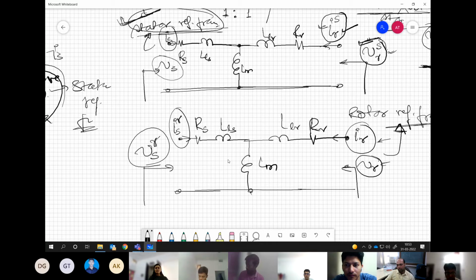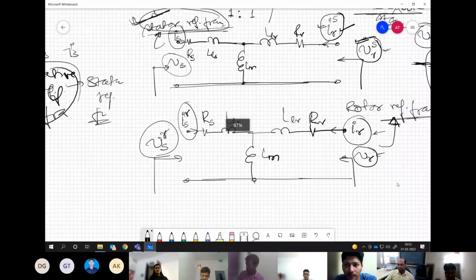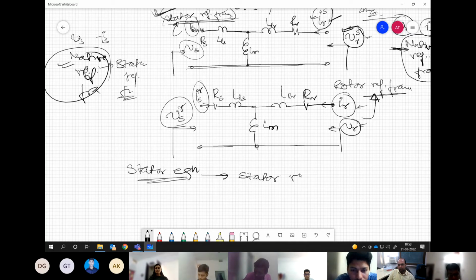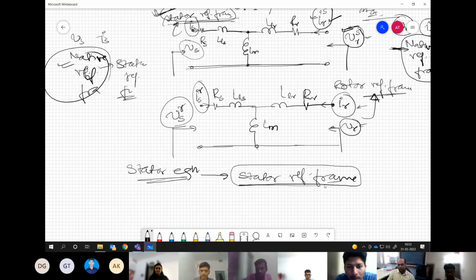Now, one thing which you must understand very clearly after this point: whenever you are writing the stator equation, you must write it in the stator reference frame. We can transform it to another reference frame, that is fine. That's a different thing. But when we are writing the stator equation, it must first be expressed in the stator reference frame, or its native reference frame. So every equation we will first write in its native reference frame.